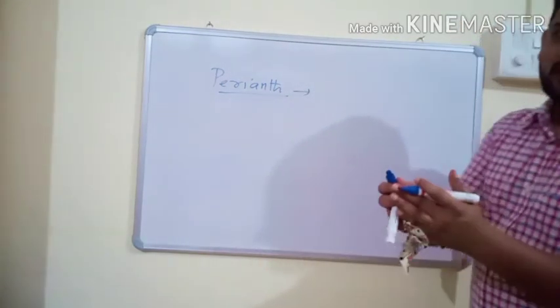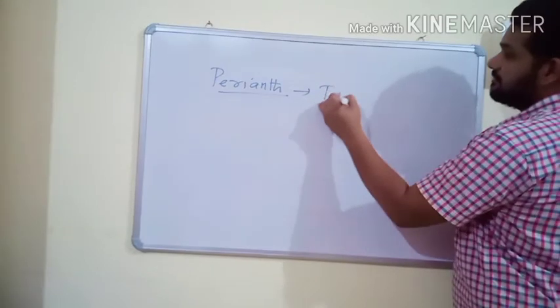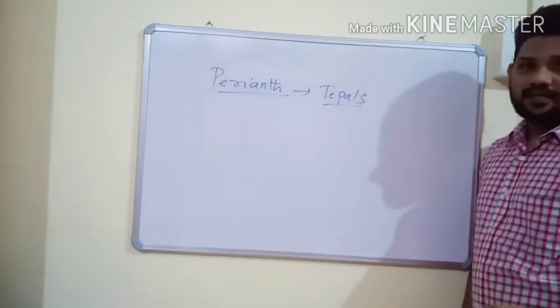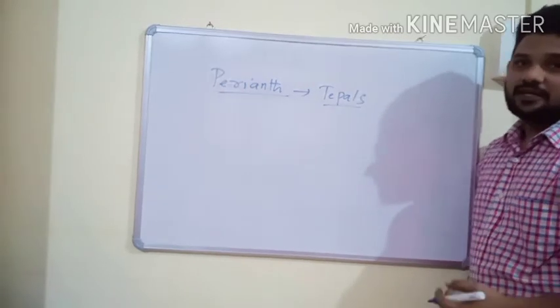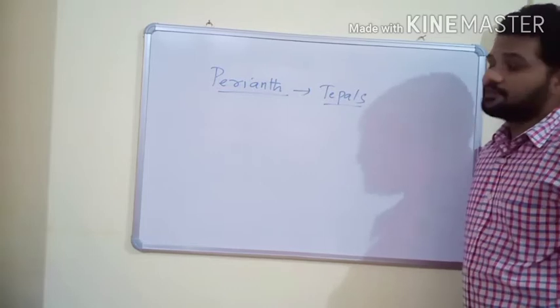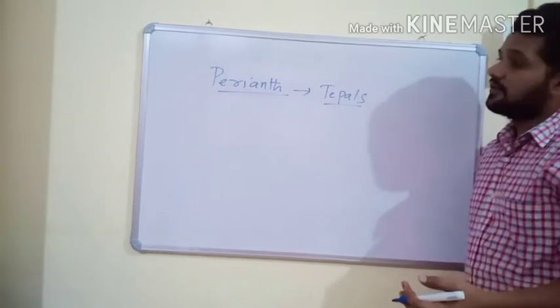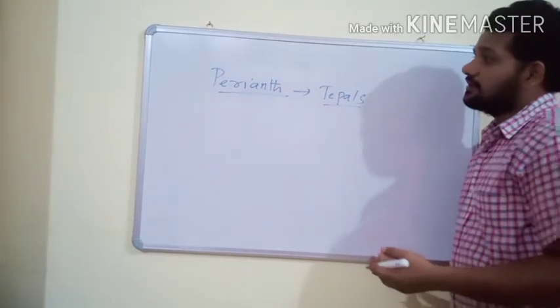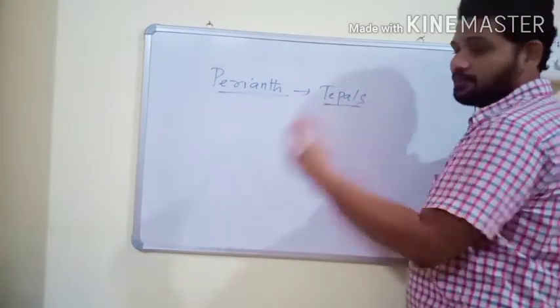And perianth also has individual parts, and these individual parts are called tepals. Sometimes tepals appear green in color, or sometimes tepals appear other than green in color.